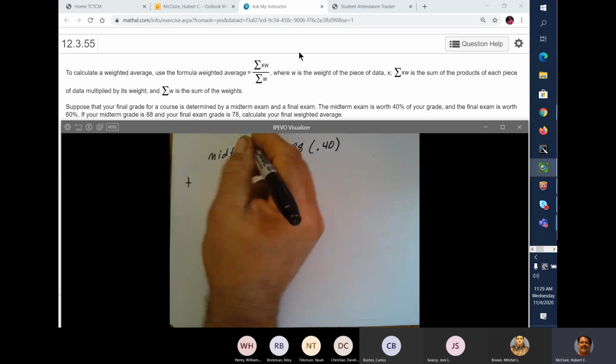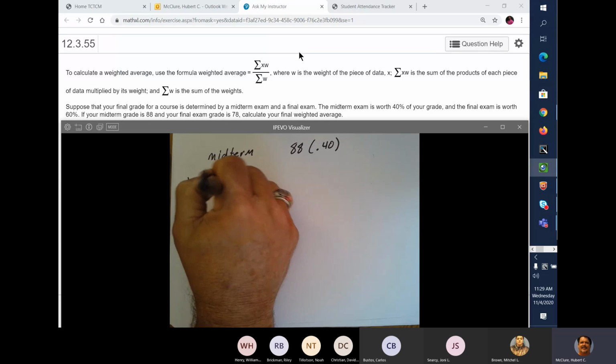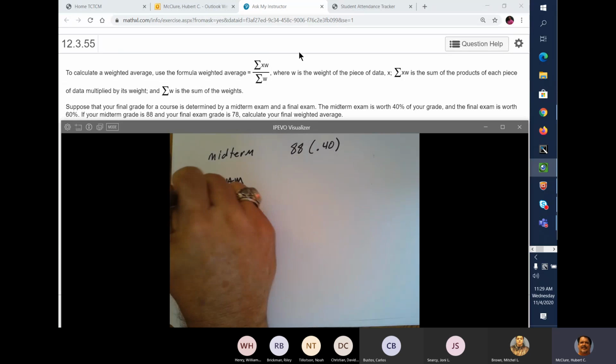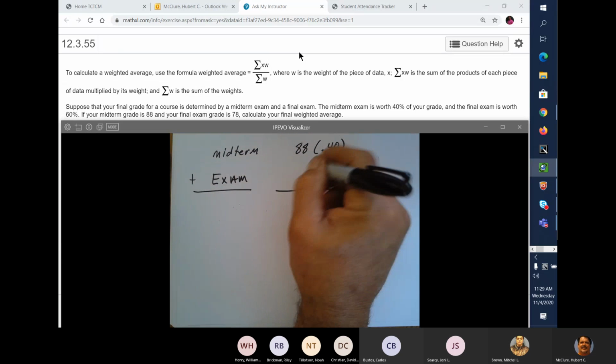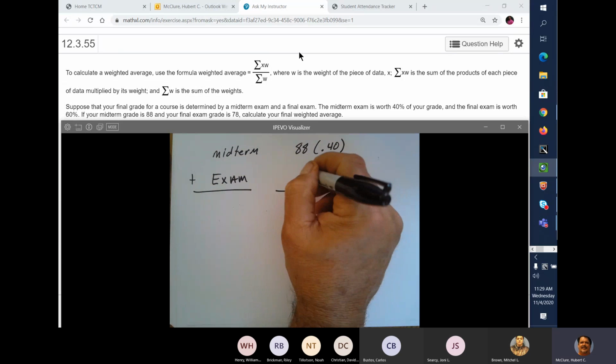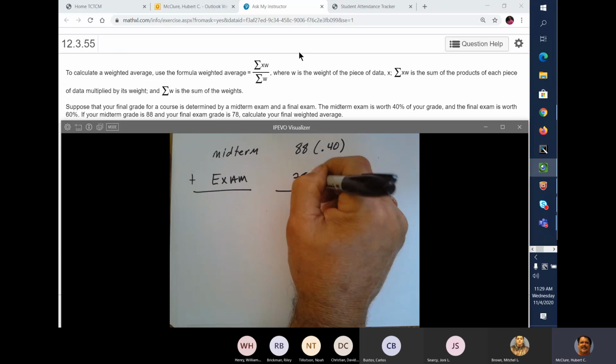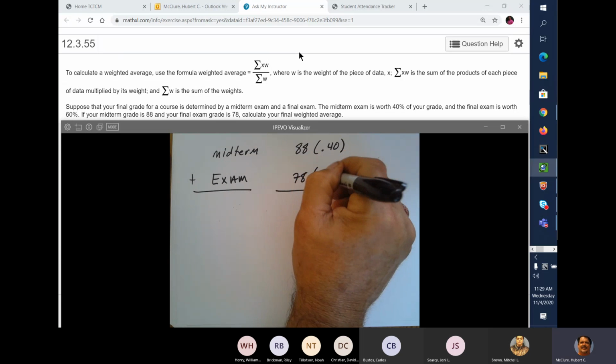Then you add that to your final exam grade, weighted, and your exam grade is 78, multiplied by 0.6.